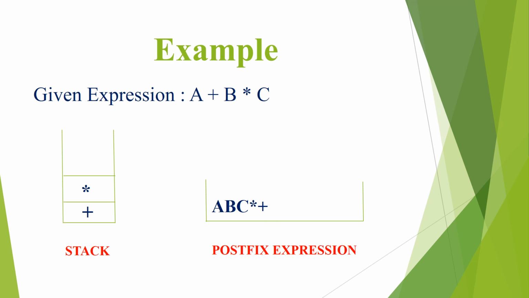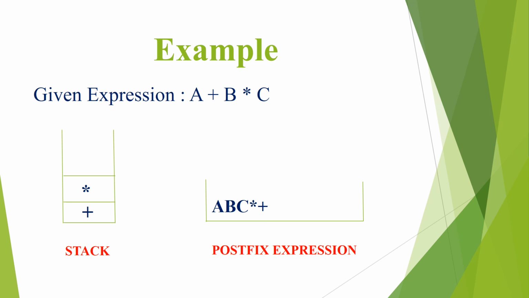Now the stack is non-empty; the plus operator is already inside the stack. If the stack is non-empty, we have to check the priority of that operator. Asterisk has the highest priority. If the operator has the higher priority, we push it into the stack. So the asterisk operator is pushed into the stack.